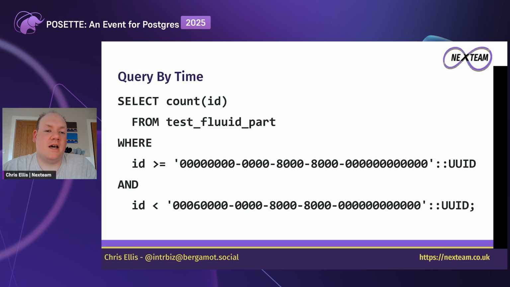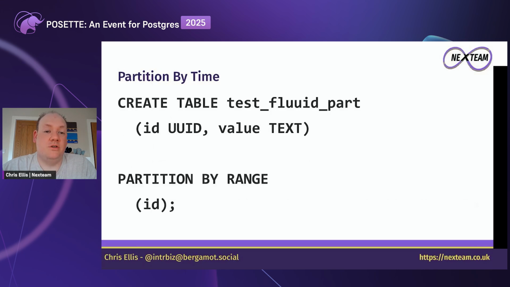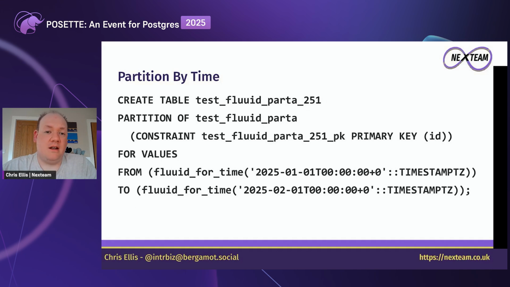And we can use that trick to do partitioning, so we can time-based partition with just a UUID column. As a simple example, we take our very simple table and remove the primary key, because we're going to partition by ID. We say we're going to partition by the range of that ID, and then we create some partitions against that main table.